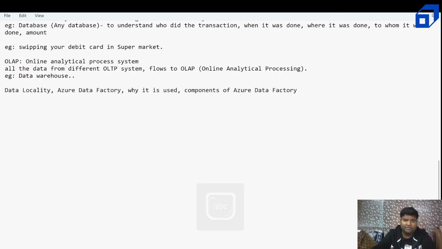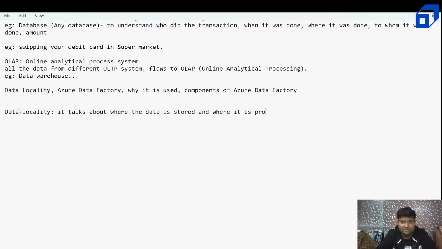So before I talk about Azure Data Factory, let's talk about data locality. Basically, it talks about where the data is stored and where it is processed.